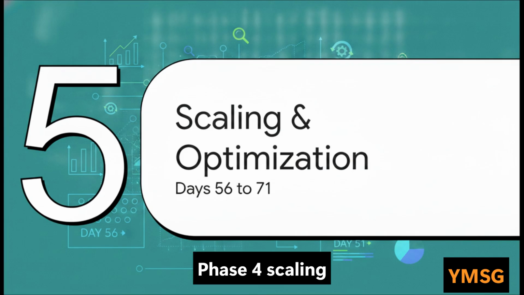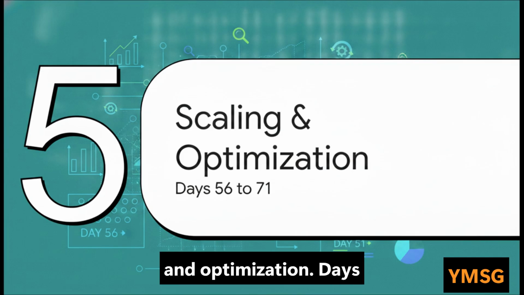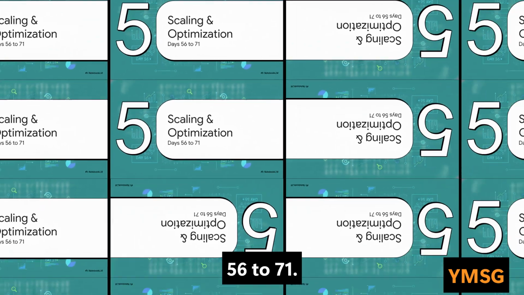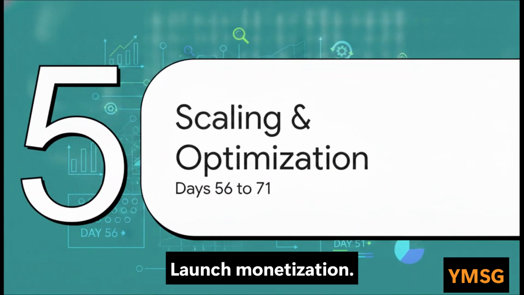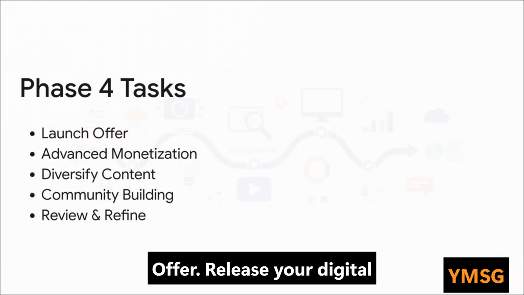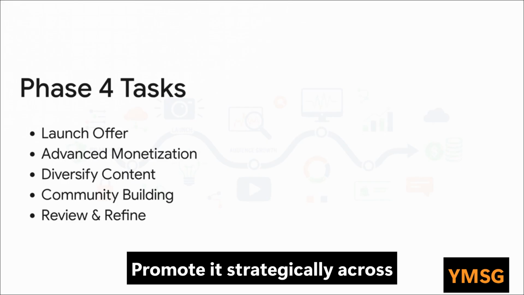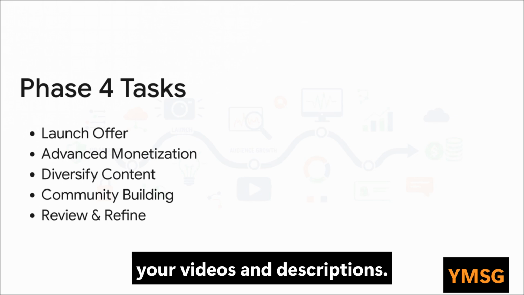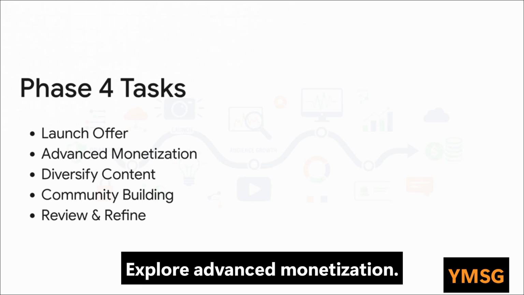Phase 4, scaling and optimization, days 56 to 71. Launch monetization offer. Release your digital product, course, or service. Promote it strategically across your videos and descriptions. Explore advanced monetization.